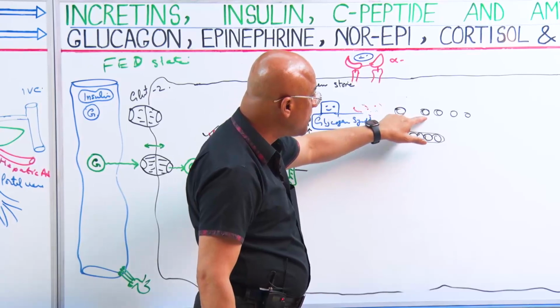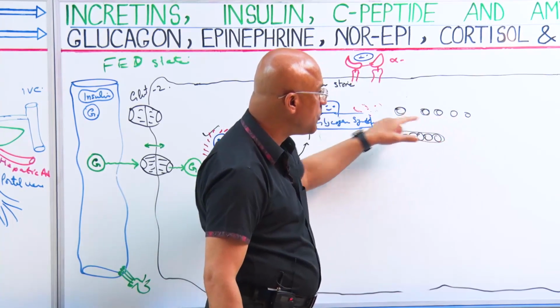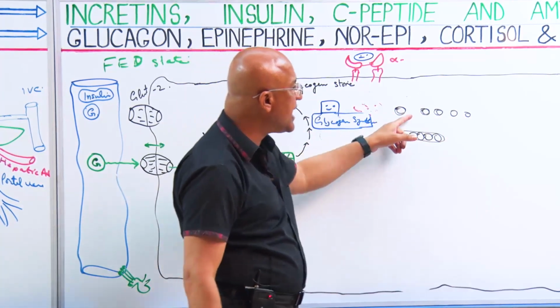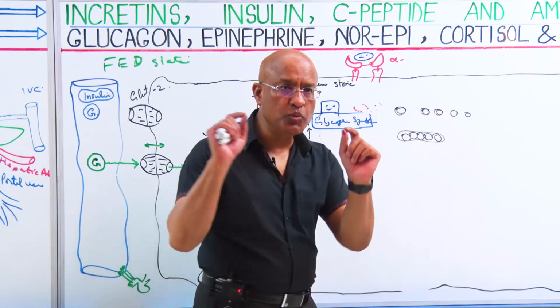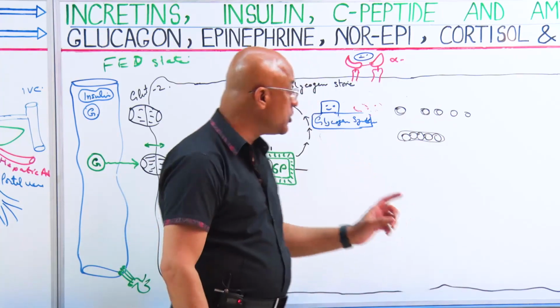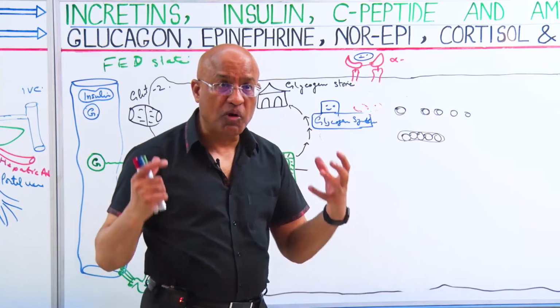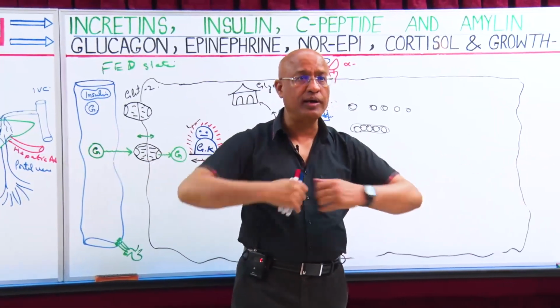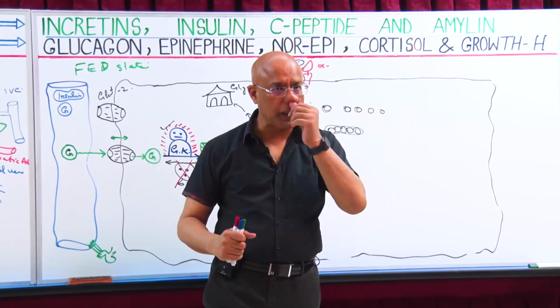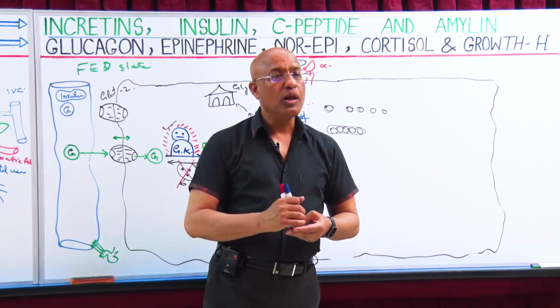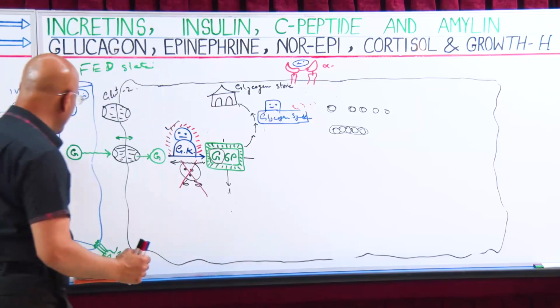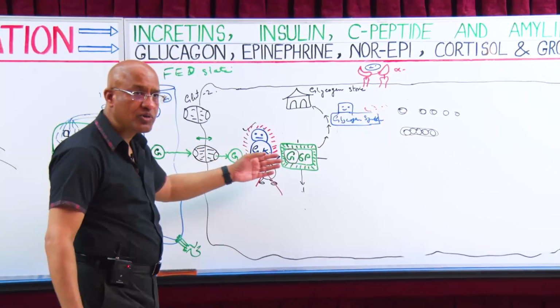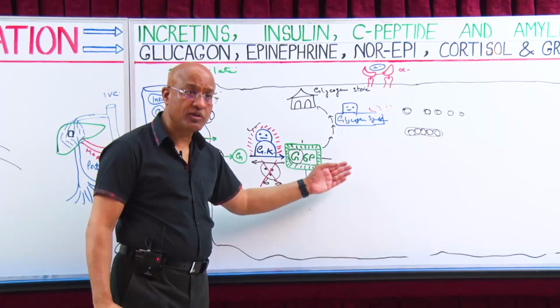But if these remain independent, separate, if all the glucose which is coming remains as individual molecules, they will produce so much osmotic drag that the hepatocyte will pull a lot of water and burst. Do you think it should happen? So, when a lot of glucose is coming, the hepatocyte has to find a way to store this glucose.